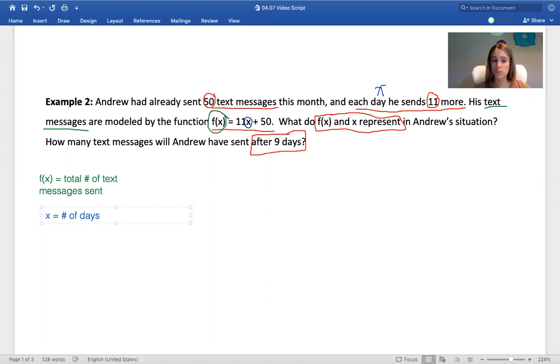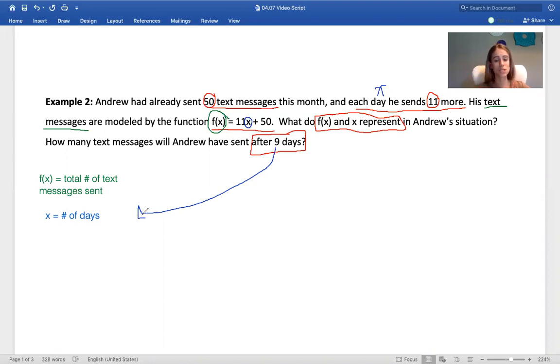Now that I know what my variables represent, I need to find how many text messages he sent after 9 days. Well, thanks to labeling my variable, I know 9 days is going to line up with my x value. Well, what do you think I can do to use this equation to solve for how many text messages he'll have at 9 days? I hope you said substitution.